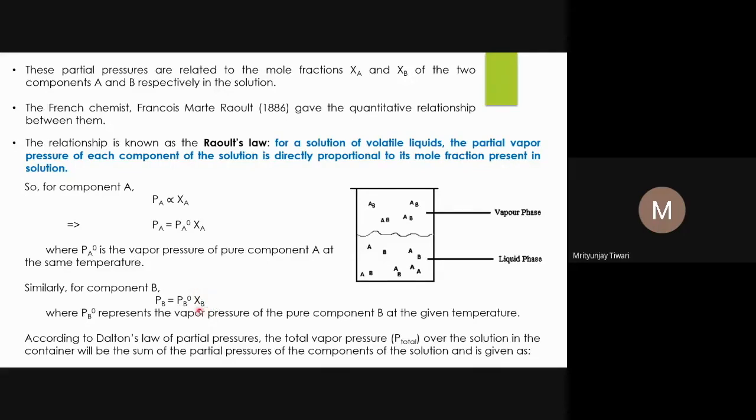XB is the mole fraction of component B, PB is the partial pressure of component B in the vapor phase, and P naught B is the vapor pressure of component B when only B is there. Similarly, P naught A is the vapor pressure of pure component A. This is what we have studied.